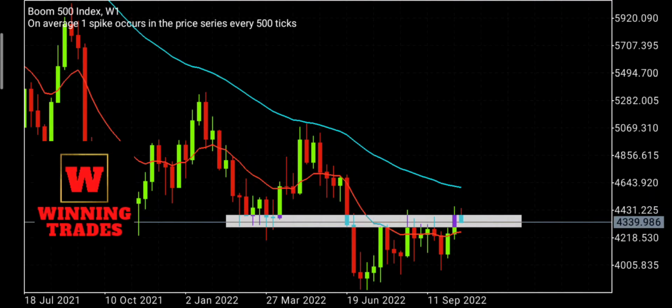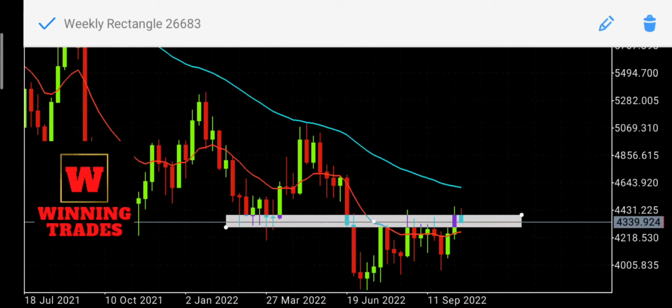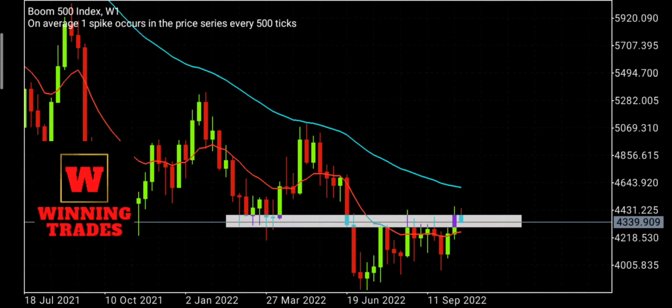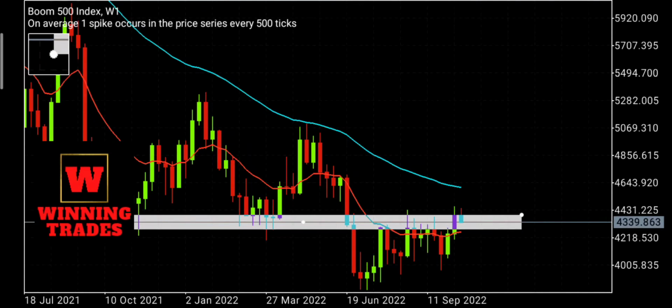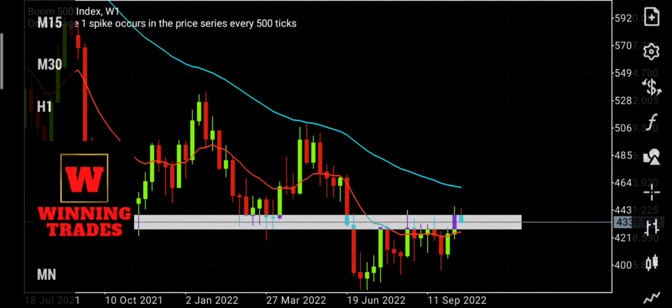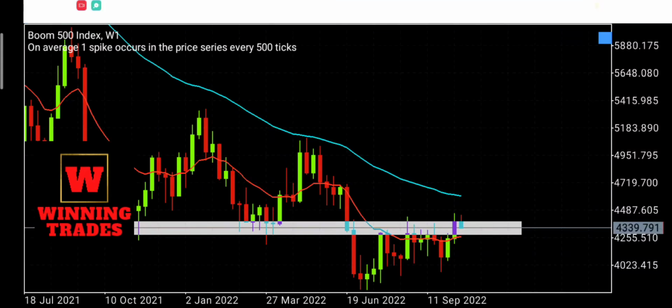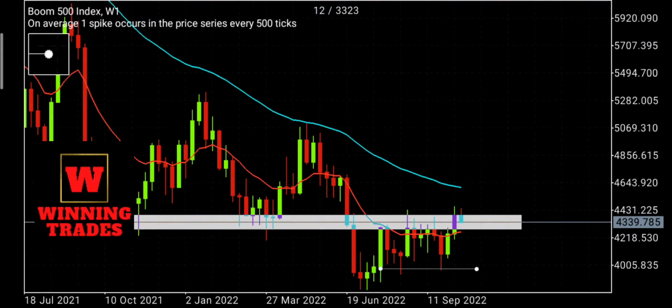Okay, so what might likely happen: this Boom 500, this is a major resistance zone which is rejecting on the weekly. Now we can also see that there was a rejection here when price tried to break lower.